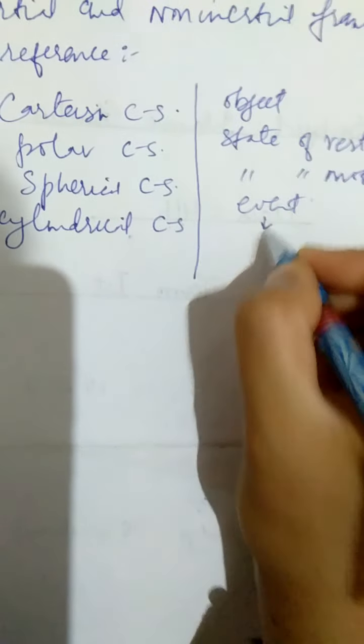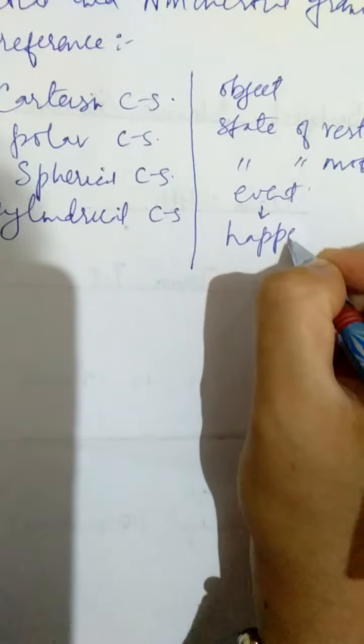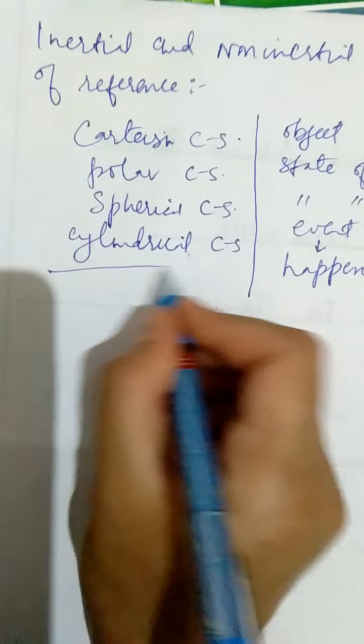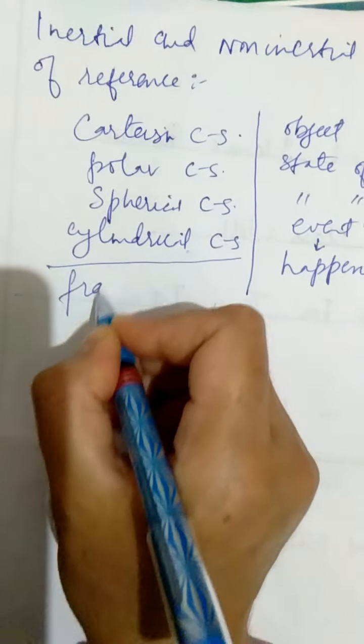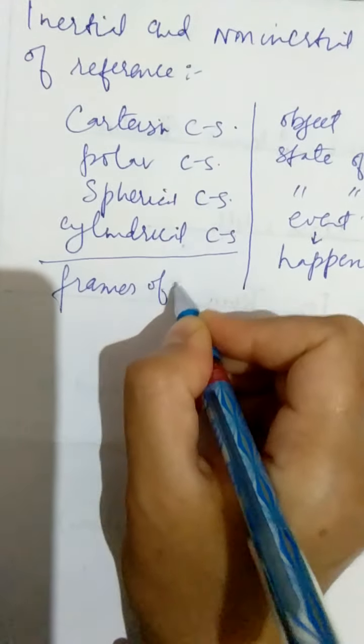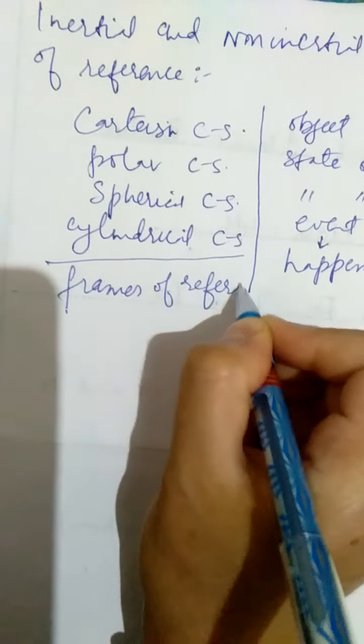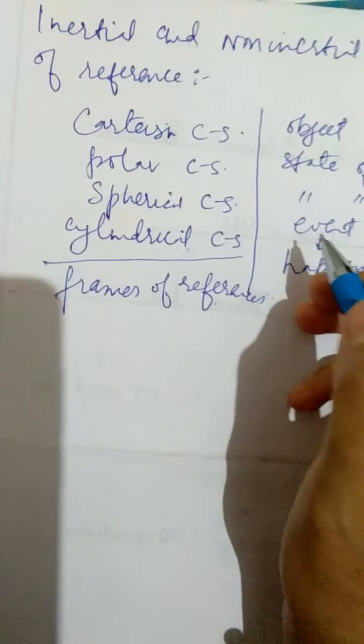By event, we mean any kind of happening. So, all of these coordinate systems are called frames of reference because it is with respect to these frames that you are specifying or describing a particular event, right?